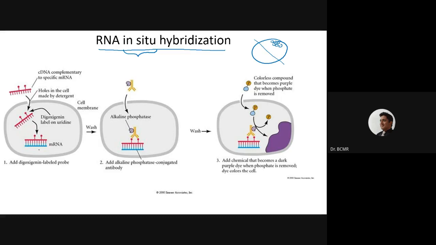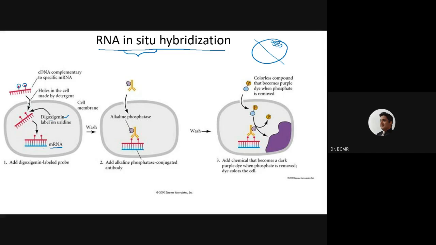So basically, the idea is to detect the mRNA. We have a complementary DNA, a single-stranded DNA. It already has some labels attached to it. Digoxigenin label is attached, so that at a later time you can have antibodies to digoxigenin. It's difficult to pronounce, but yeah.